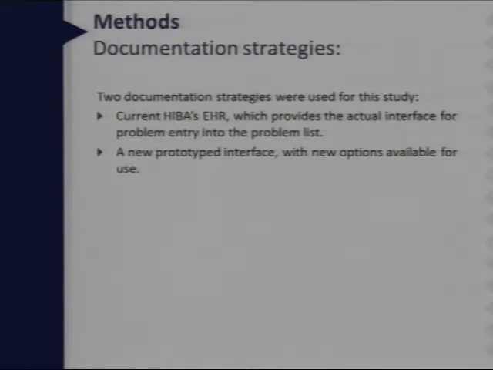For the study, as I told you before, 2 documentation strategies were used. One is our current electronic health record, which provides the actual interface for problem entry into the problem list, and a new prototype interface with new options available for use.